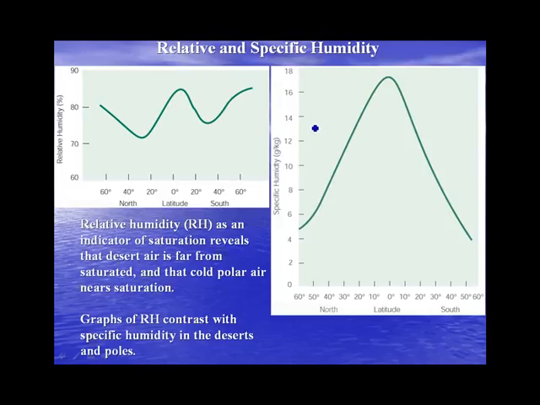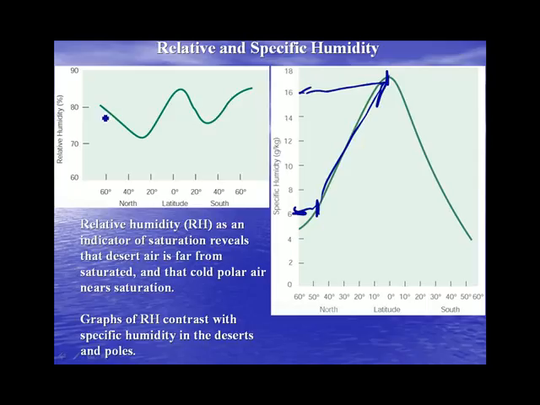Let's do a comparison of relative humidity and specific humidity. You probably remember this particular graphic. Again, we are looking from 60 degrees north to the equator at 0 degrees to 60 degrees south. And we saw that as we went from north to south, going from near Iowa at 40 degrees north latitude to the equator, specific humidity begins to increase. You can tell there by higher values.